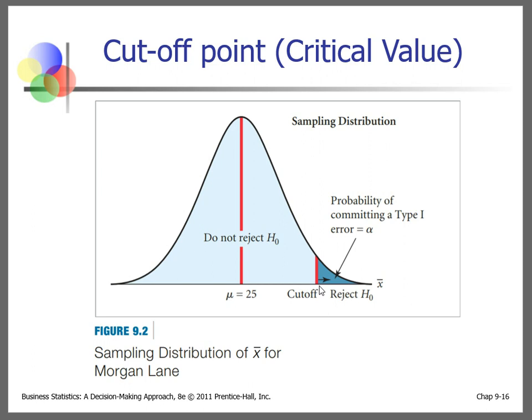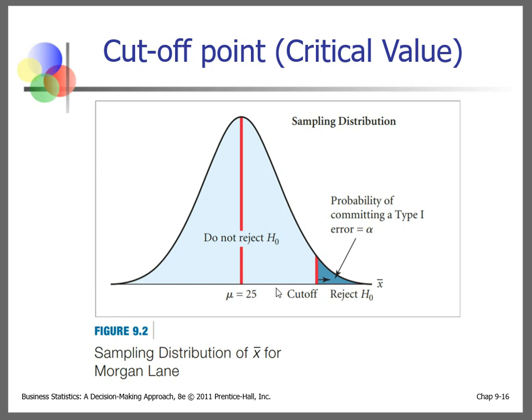If the sample mean is greater than the cut-off value, we will reject H0 and conclude that the average closing time exceeds 25 days. If, however, the sample mean is less than or equal to the cut-off point, we will not reject H0. In this case, our test does not give sufficient evidence that the closing time exceeds 25 days.